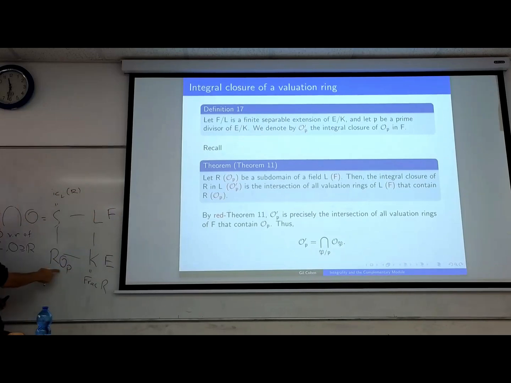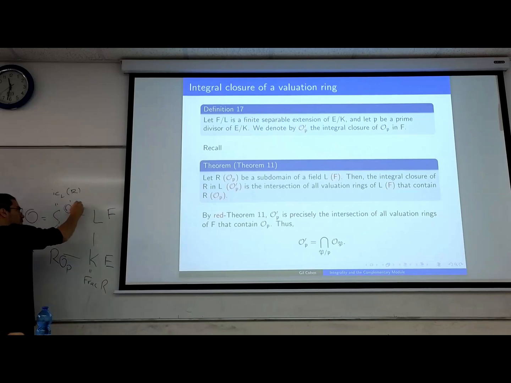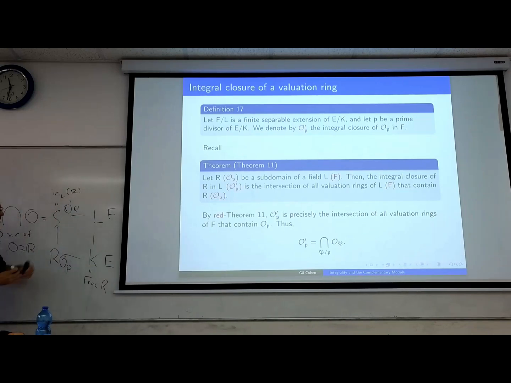I'm going to take a valuation ring as an example of a ring which is integrally closed in E. That's notation: the integral closure of O_P in F is denoted by O prime P. Just definition.